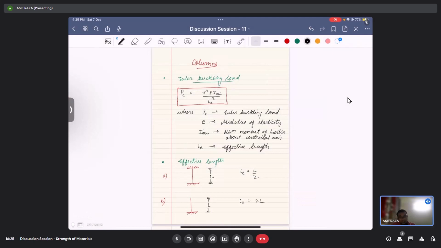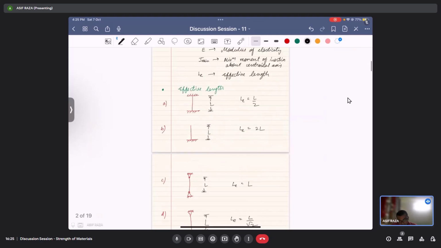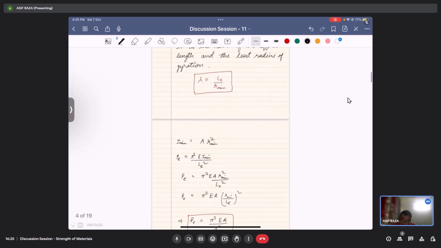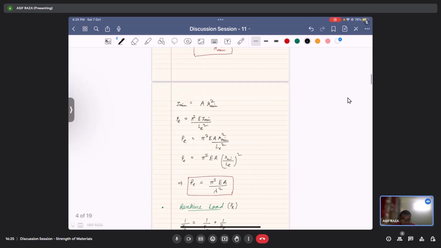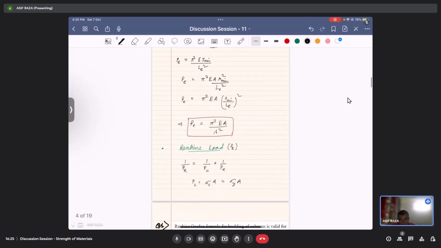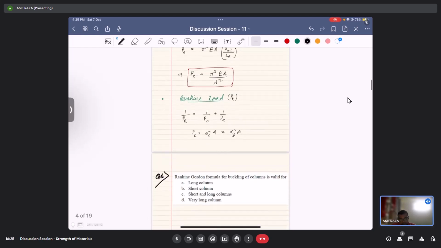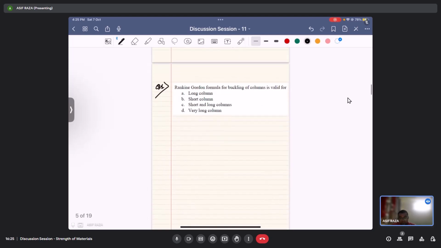So what all things are needed? Euler buckling load and its relation to effective length, the slenderness ratio, the expression of Euler buckling load in terms of slenderness ratio, and the Rankine load. Let's start discussing questions relevant to assignment number 11.